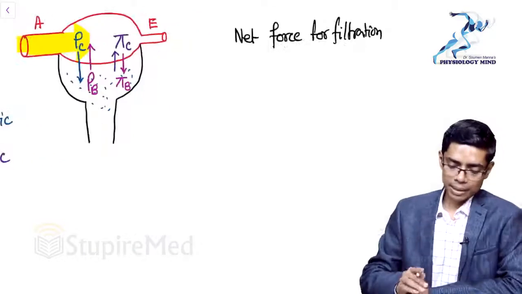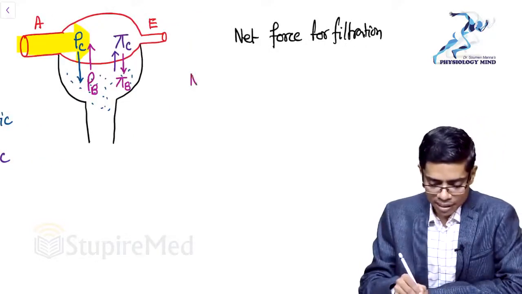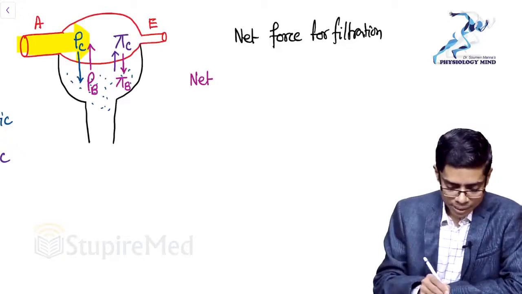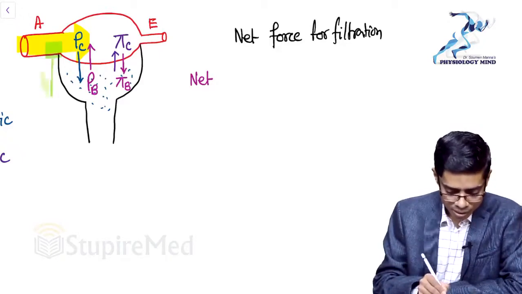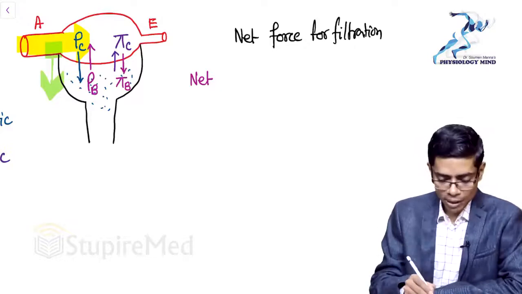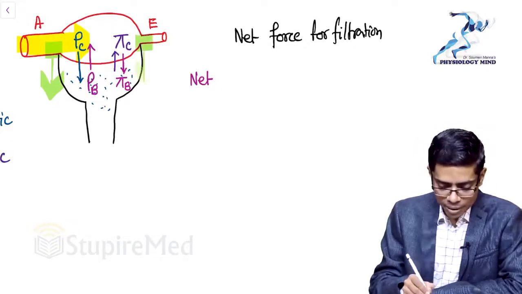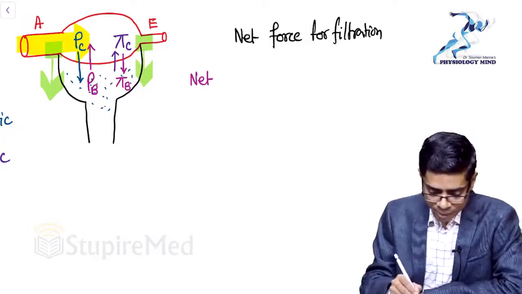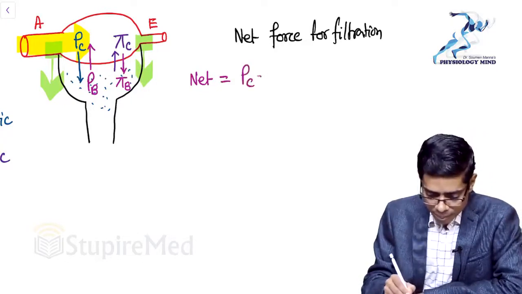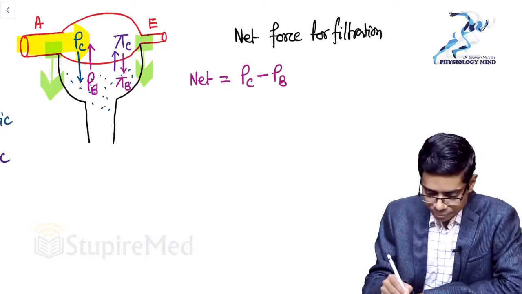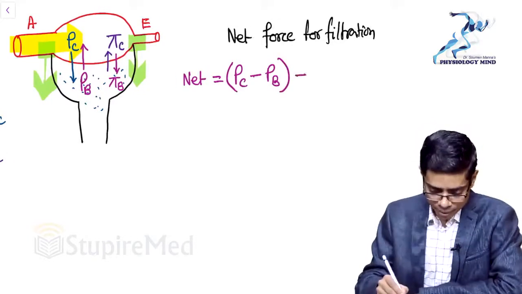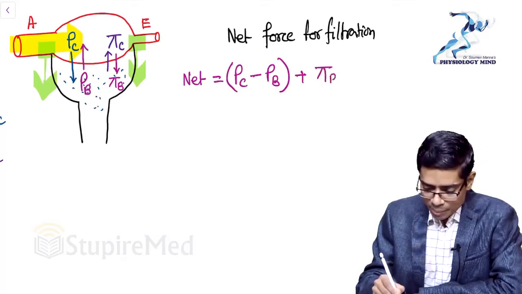Now if I ask you, calculate what is the net force from the level of capillary towards the Bowman's capsule. I am calculating, so I am writing that. PC minus PB, that is the net hydrostatic force, plus pi B is helping and pi C is opposing.